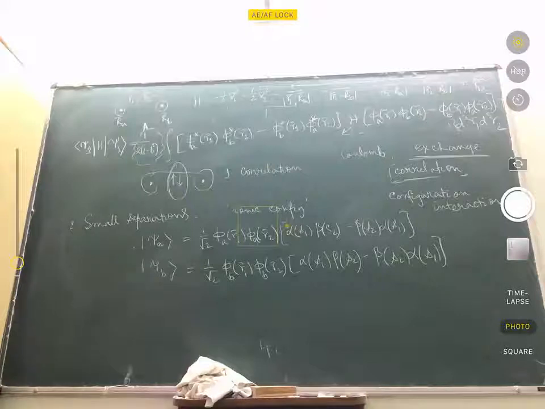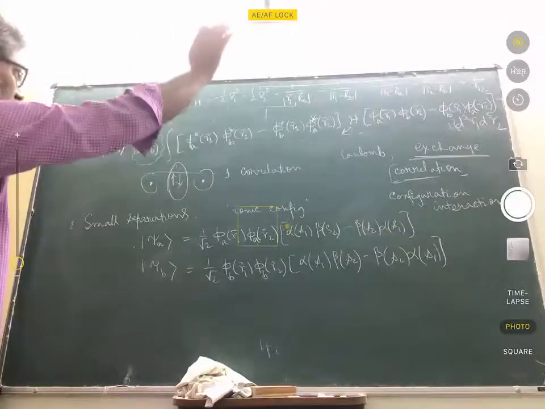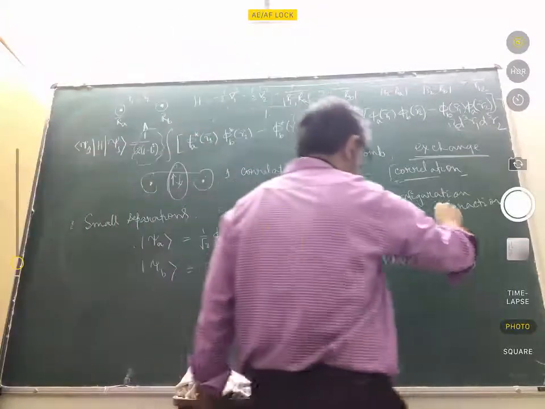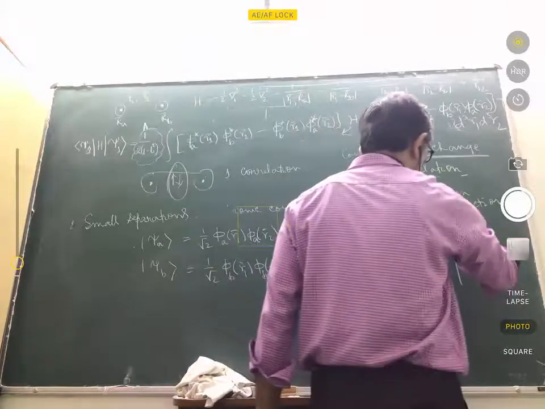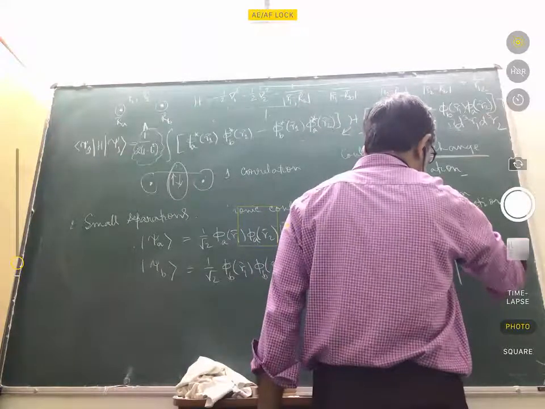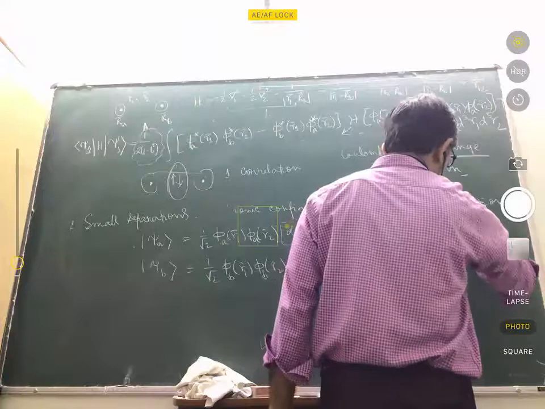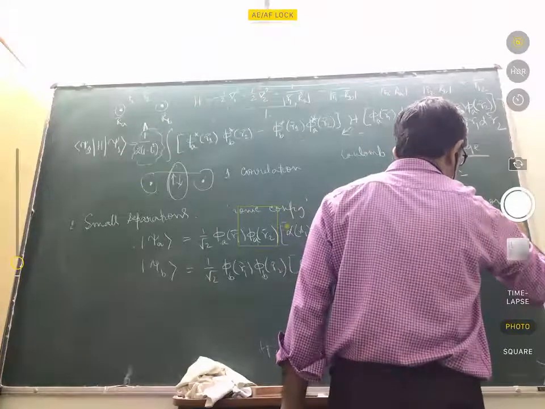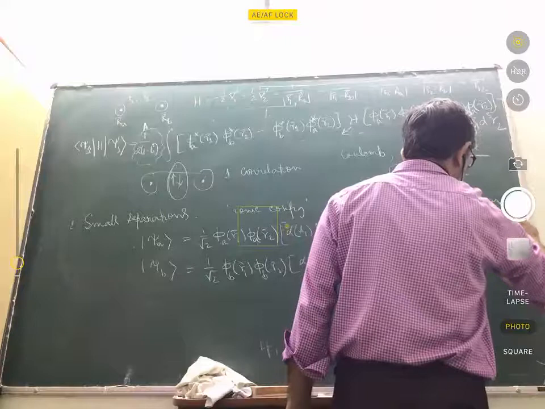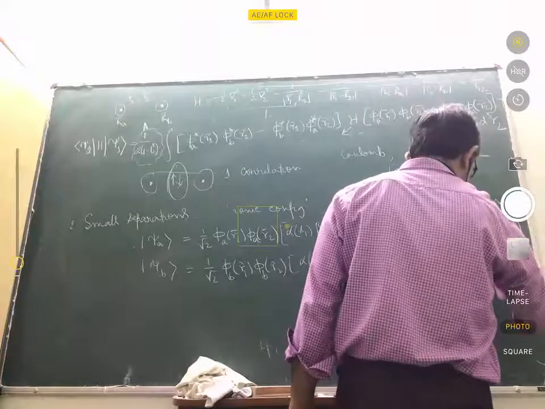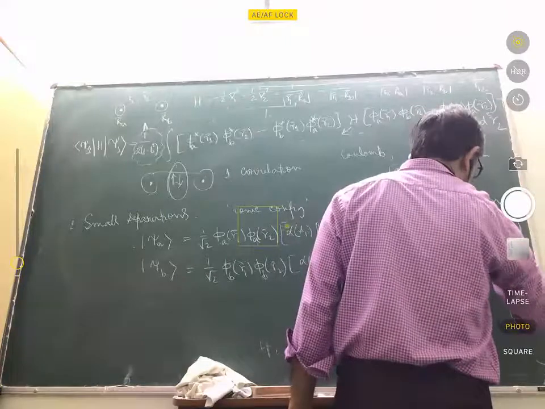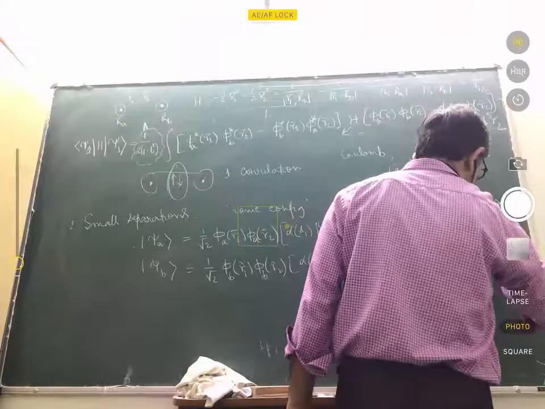So the question is, why are these important? Are they important? The Hamiltonian that I wrote, H equal to half epsilon singlet plus epsilon triplet, minus J12 S1 dot S2, I can consider this to be a Hamiltonian.